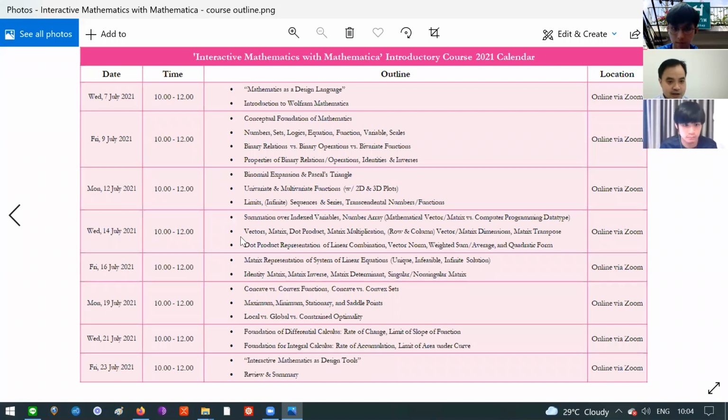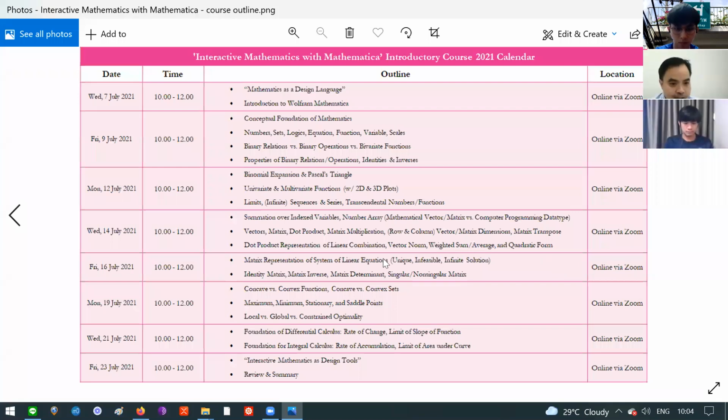And today we'll go into vectors and matrices, and maybe matrix operations, and hopefully we'll get the beginning of matrix representation of system of linear equations by the time we finish today.